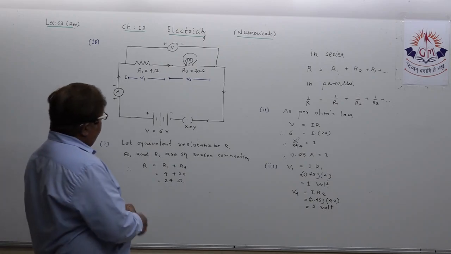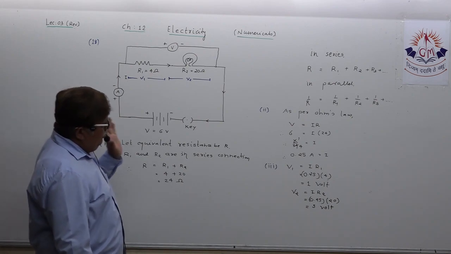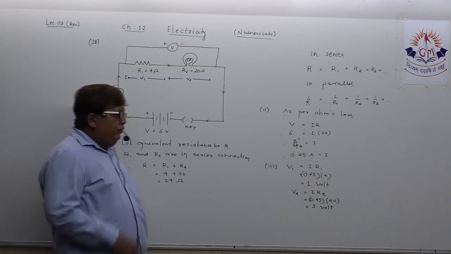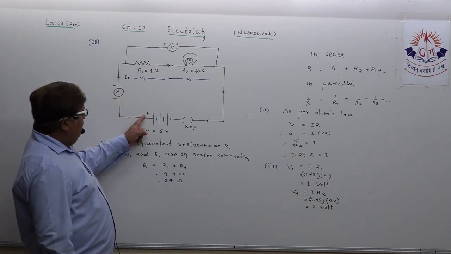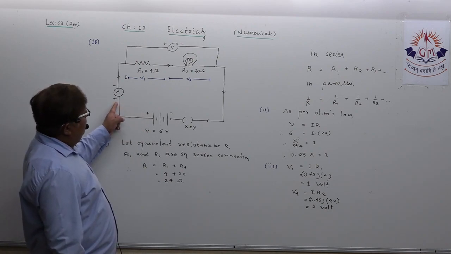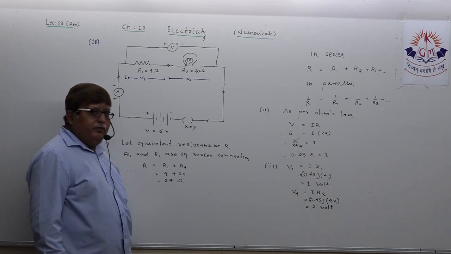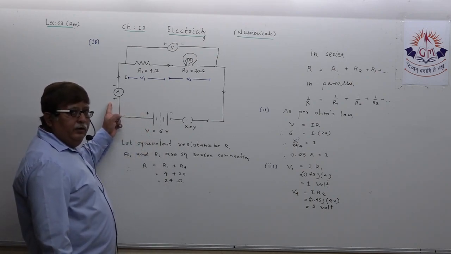You understood this? Schematic diagram has to be perfect. Understand, showing electrode, you should be very conscious, positive to positive. If you show positive, don't show negative here.